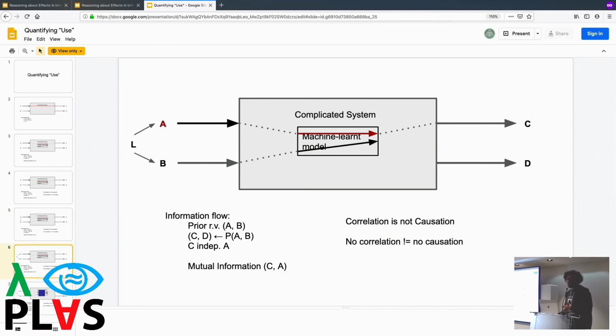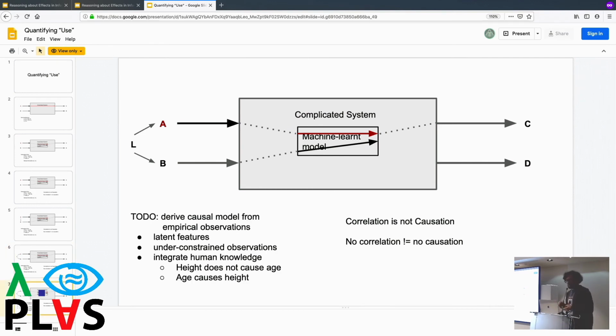There are other cases, for example, where A and B can be correlated, but they might not have a causal relationship between them. Maybe there's a common cause of both of them, and that's why they're correlated. If we had a causal model between these variables and maybe some latent factors like L, we might be able to determine whether A is used in the computation of C by looking at A and its direct causes and so on throughout the computation.